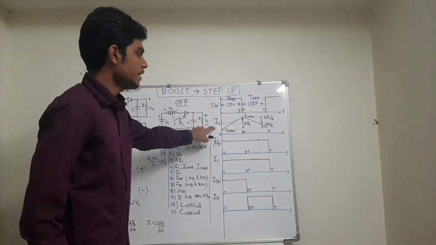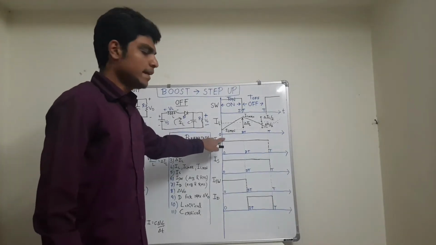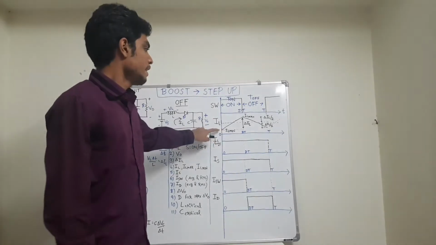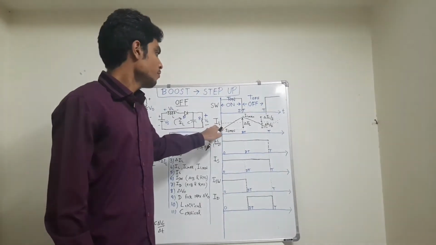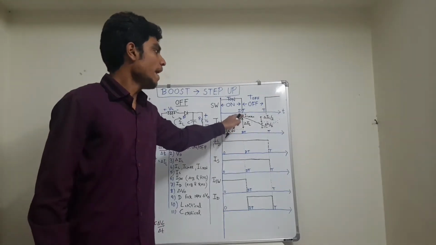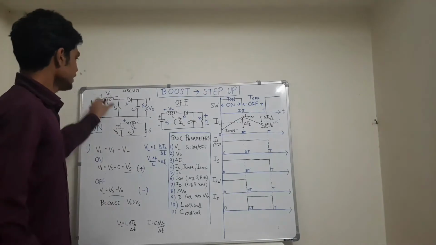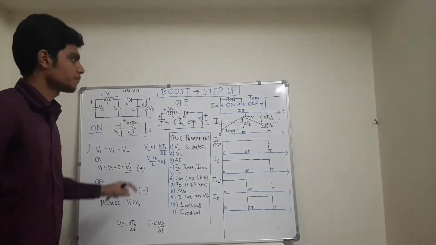So we can see this inductor current graph for the boost converter. At t equals 0 it was IL min, and at dt time it rose to a value called IL max. The change was positive as the voltage across the inductor is positive in nature.